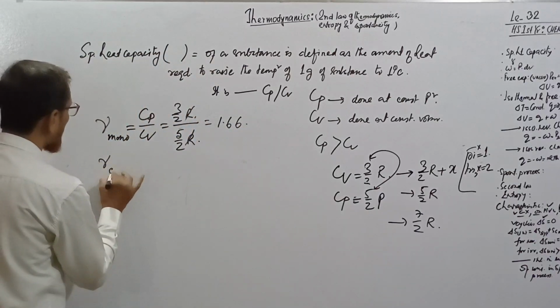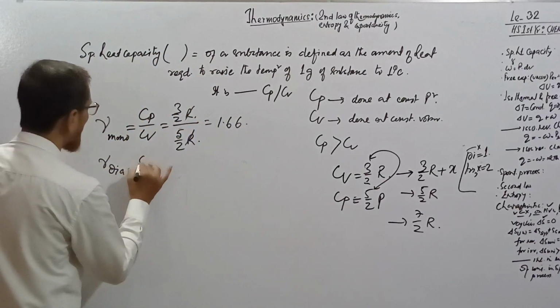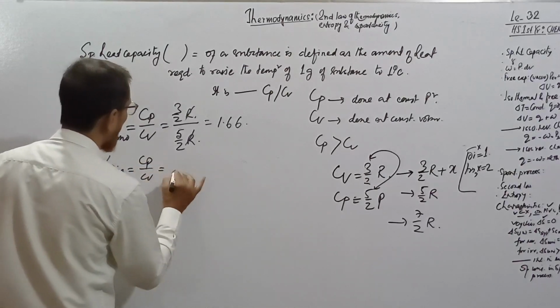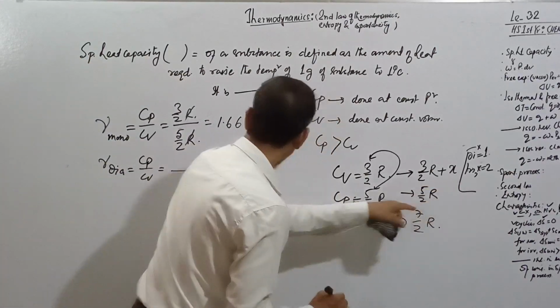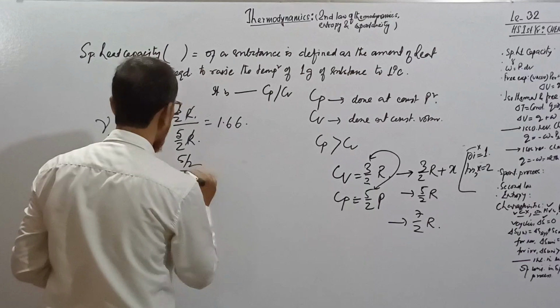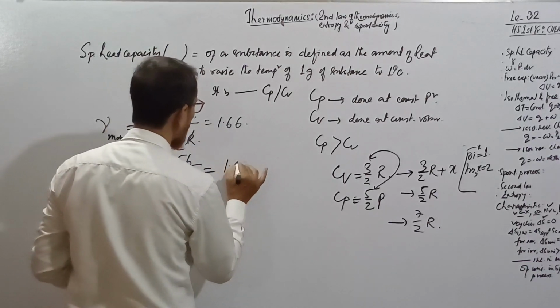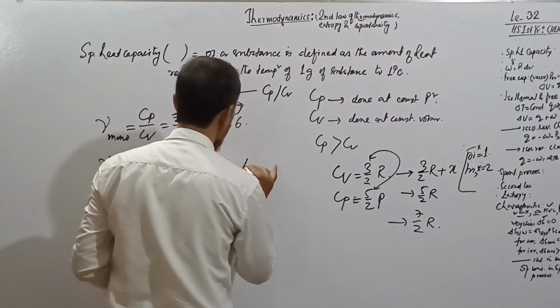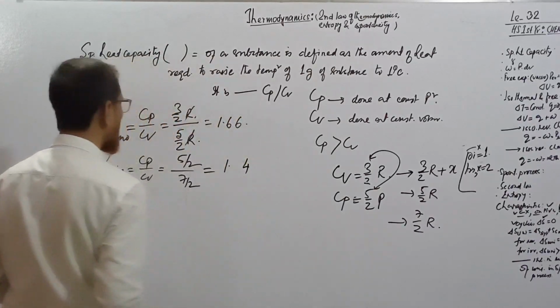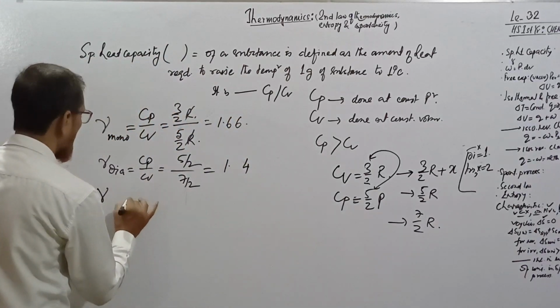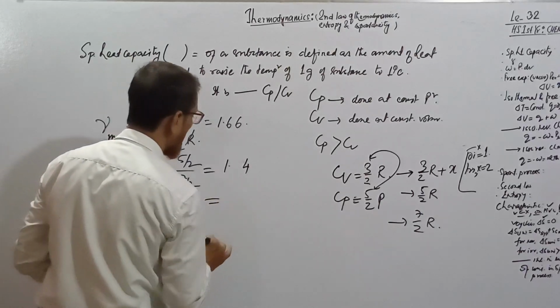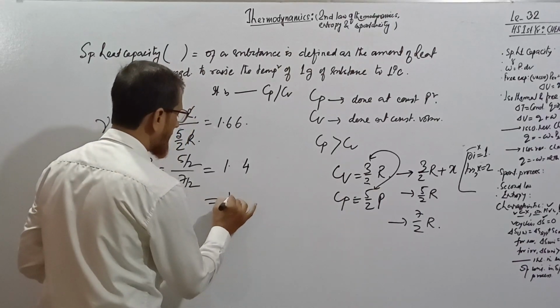Sometimes it is asked for diatomic molecules: find the value of gamma. Cp is 7 by 2 and Cv is 5 by 2, and R cancels out, giving 1.4. For triatomic, you calculate and you will get 1.3.